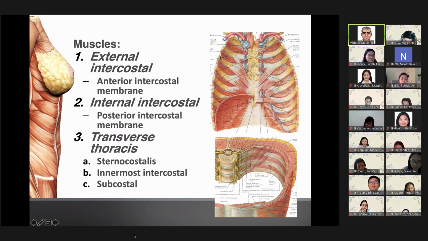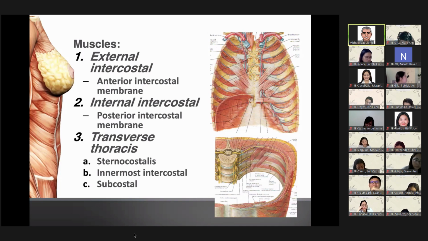Your intercostal muscles are seen in between the ribs. Okay, so that's why it is called intercostal muscles, and they are subdivided into your external intercostal, your internal intercostal, and likewise you also have your innermost intercostal muscles and your transverse thoracic muscles, which are further subdivided into your sternocostalis and subcostalis muscles.